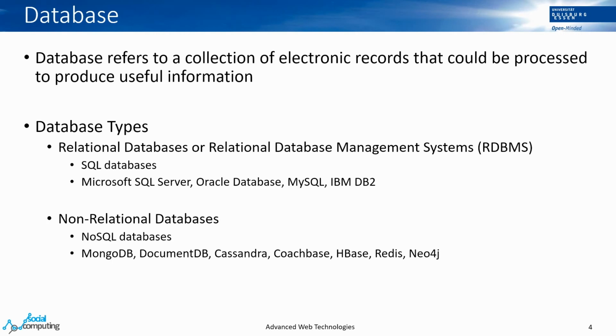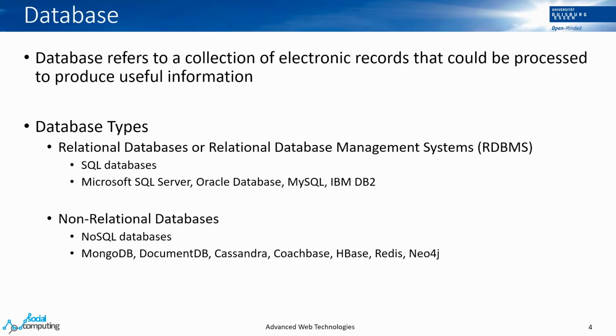There are two types of databases. Relational databases, or relational database management systems, are traditional databases which are also known as SQL databases. Most of you are familiar with SQL Server or MySQL, which store information in the form of tables. The other type is non-relational databases, also known as NoSQL databases.